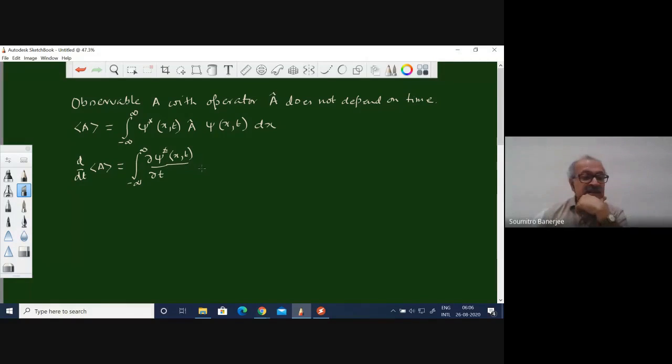And then it is A psi of x, t, plus minus infinity to infinity. First, this one will remain psi star of x, t, and then your A operator. Now, since the A operator is independent of time, we can keep it as it is, and I have the del psi of x, t, del t, dx. Sorry, here also there will be dx.